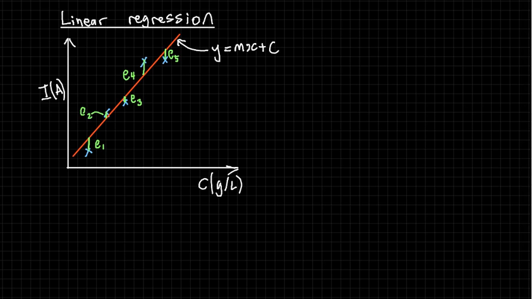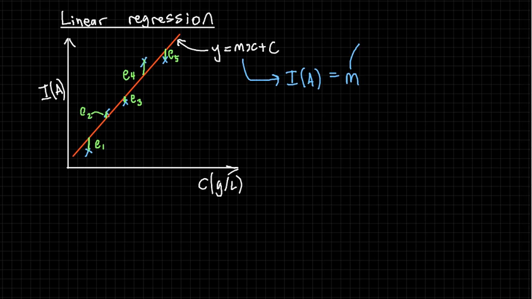So how are we going to give the computer something that it can try and minimize in order to give us the best line? So let's rewrite this so that it's more what we're used to. So y in this case is current, which is in amps, is equal to m, which is the slope of the line.